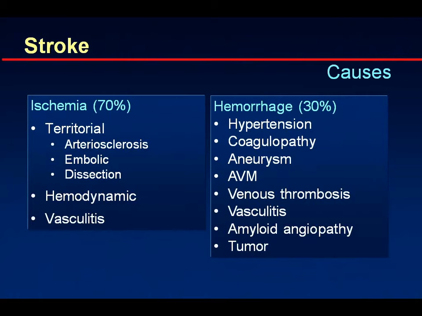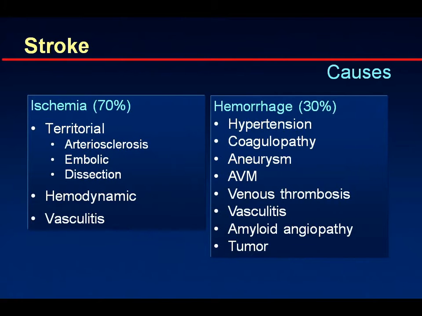Embolic reasons can also lead to stroke when a clot comes from somewhere and ends up in the brain, but also dissection can lead to stroke. There is hemodynamic stroke, which basically means that blood pressure becomes so low, the vascular territory in the brain is so bad that areas that are between two territories get less blood, and that gives you hemodynamic strokes. And then vasculitis, of course, also can lead to stroke.